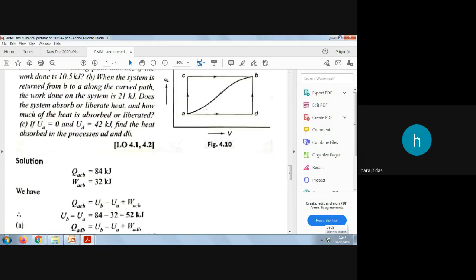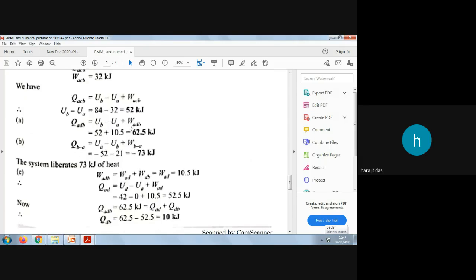Understood? UB minus UA is 52, so UA minus UB will be minus 52, and WBA is minus 21. I have told you that the system is not doing this work; we need to do some work on the system, so it will be negative.